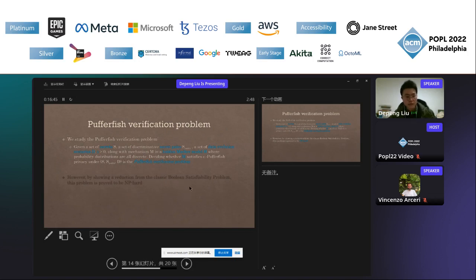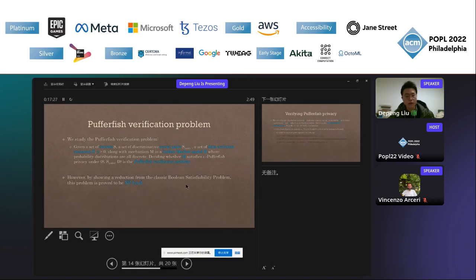Next, we study the pufferfish verification problem. The formal definition is as follows. Given a set of secrets S, a set of discriminative secret pairs S pairs, a set of data evolution scenarios D and epsilon, a positive number, along with mechanism M in a hidden Markov model H, where probability distributions are all discrete, to decide whether M satisfies epsilon pufferfish privacy under these secret pairs and evolution scenarios is the pufferfish verification problem.